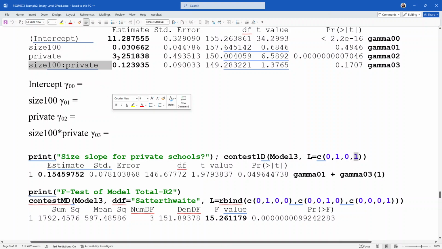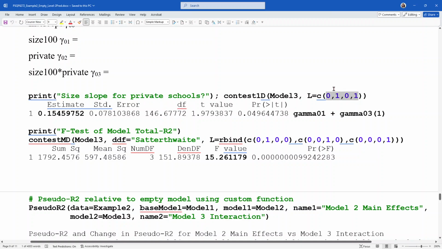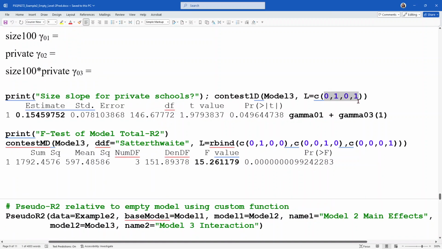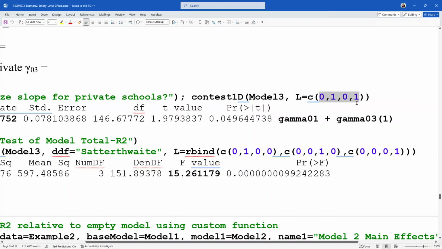So the 1 is because we want private to be 1 rather than 0 for public. Whenever you see multiple values in one of these little statements here, it's doing something to two different numbers in your output. If the numbers are positive, it's adding them together. So this is gamma O1 plus gamma O3. That is what's happening.